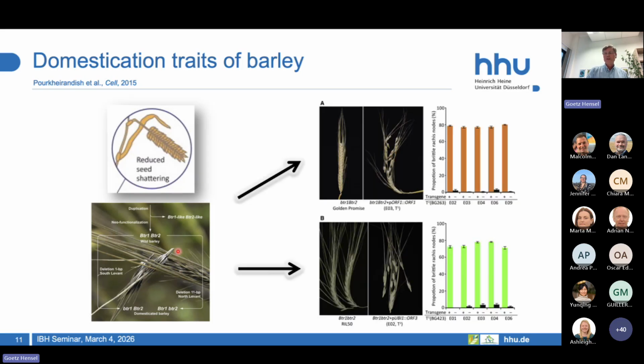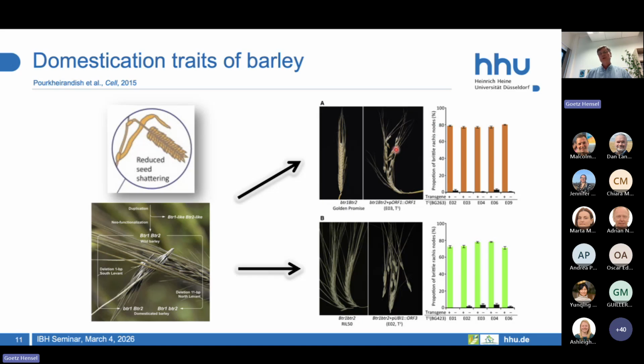And we confirmed this by transgenic methods, where we transformed Golden Promise, which is the model cultivar in barley, which you see here on top. And Golden Promise is mutated in BTR1. And we complemented this with our candidate gene, the functional BTR1 gene. And what you see here on the diagrams on the right is the proportion of brittleness.